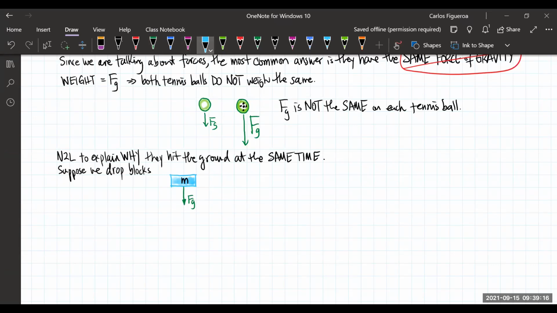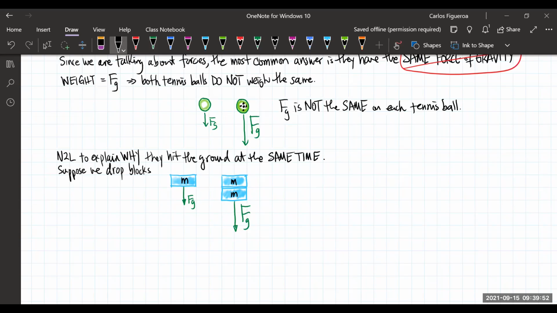Now I'm going to have two blocks that I'm going to drop. Because there's two of them, and this is about one square, the combination of these two implies it's got to be two squares instead. So that force of gravity should be twice as big.